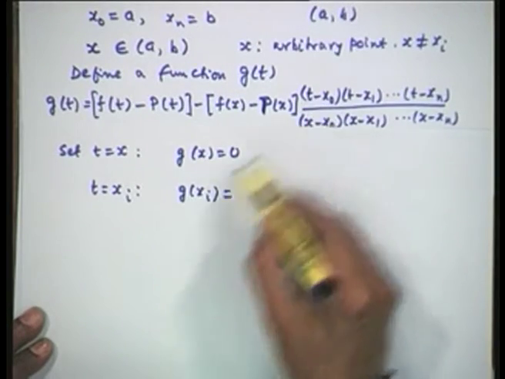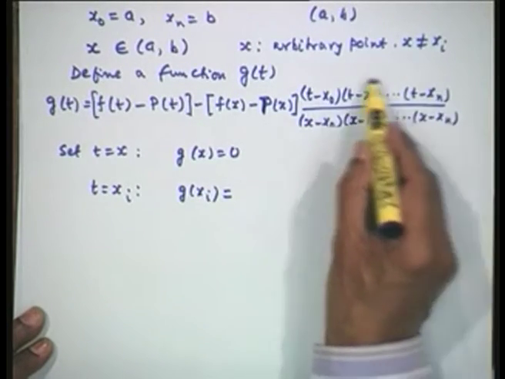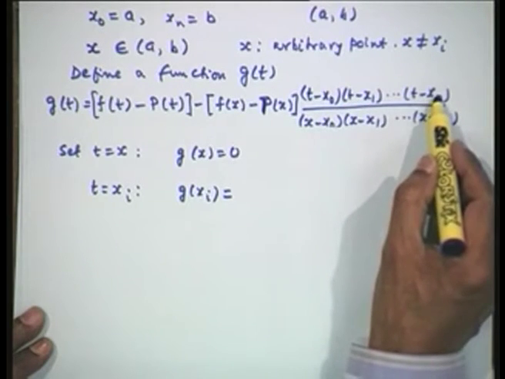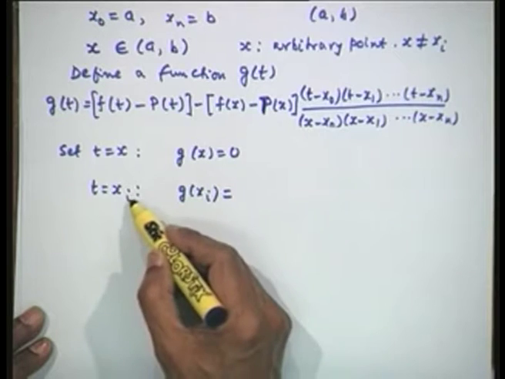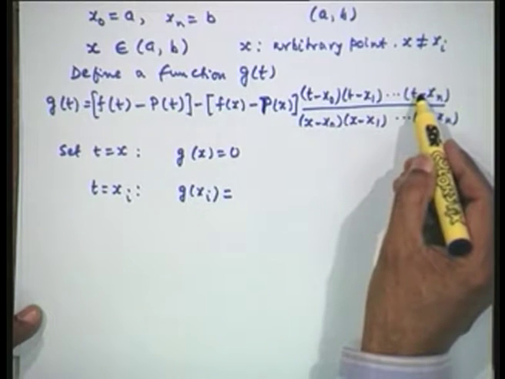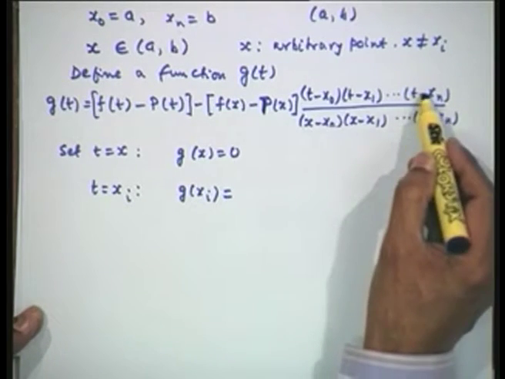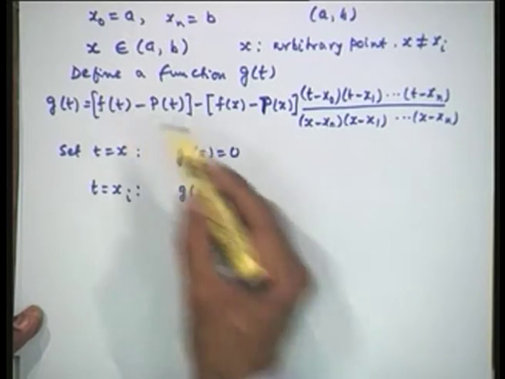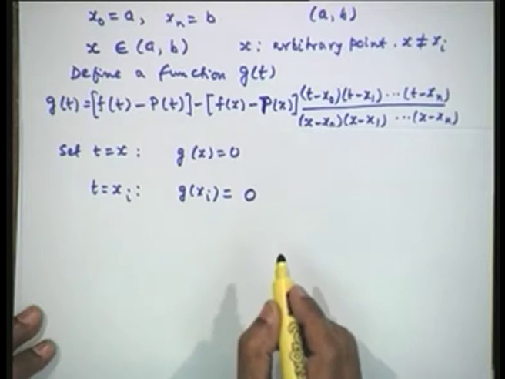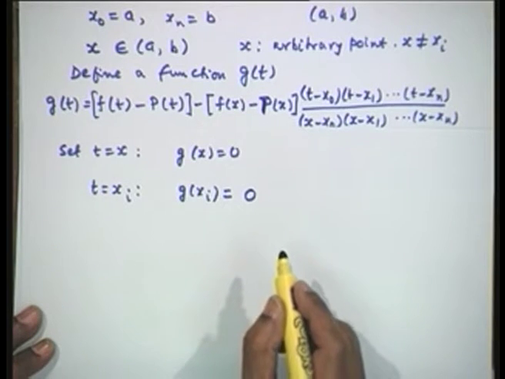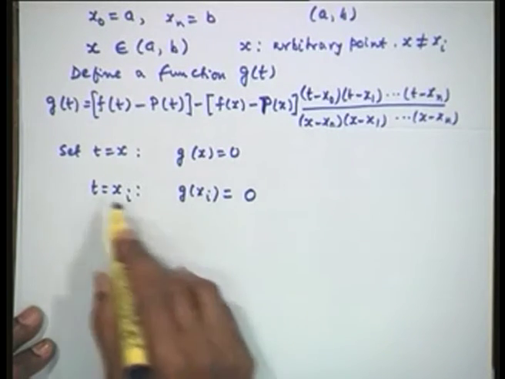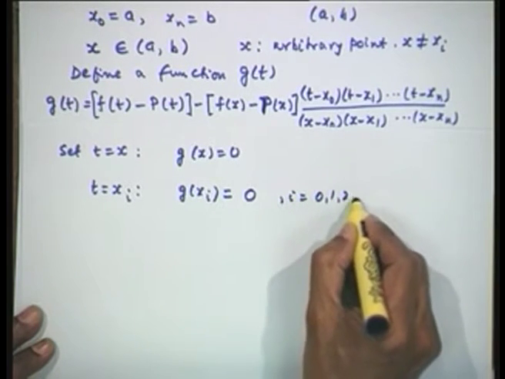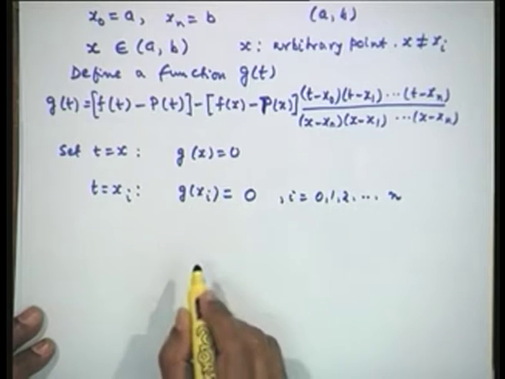But here, when I put any one of these x_i's, the numerator is 0, because t minus x_0, t minus x_1, ..., t minus x_i. When I use any x_i for t, one of the factors contains t minus x_i, so this numerator is going to be 0, but this is also 0. Therefore, this is also equal to 0, for i equal to 0, 1, 2, ..., n.